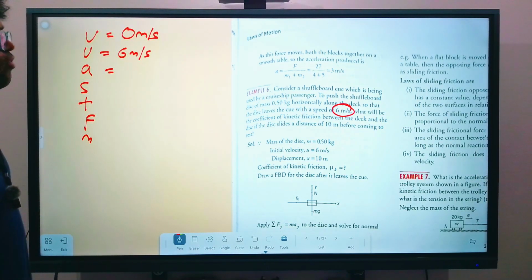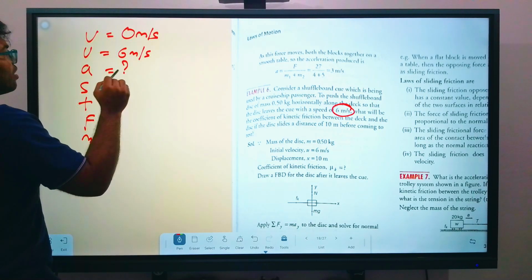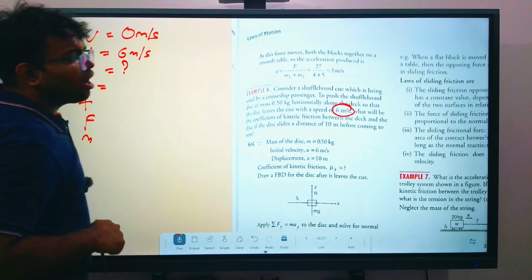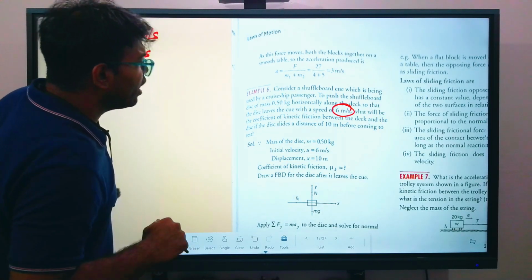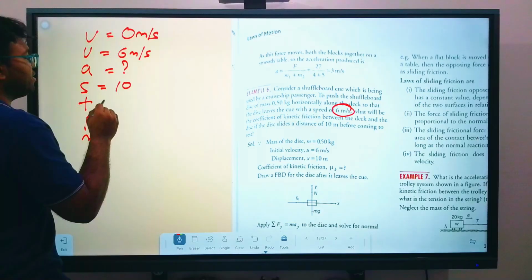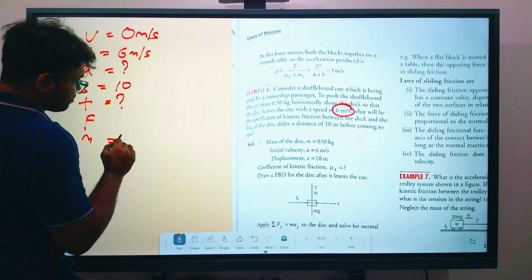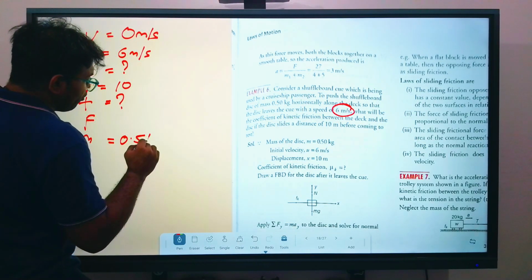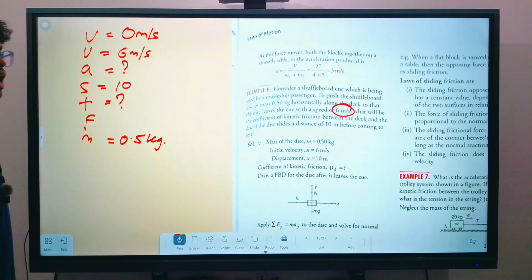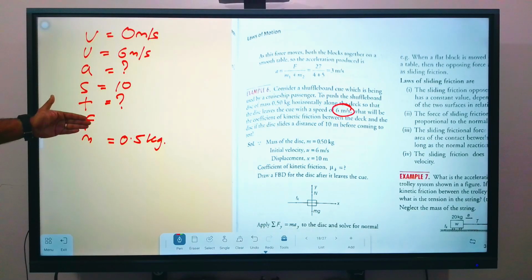We don't know the acceleration. S is how much distance did this thing go? 10 meters. Time also we don't know, but we do know the mass. Mass is equal to 0.5 kg. Okay, these are the various values.